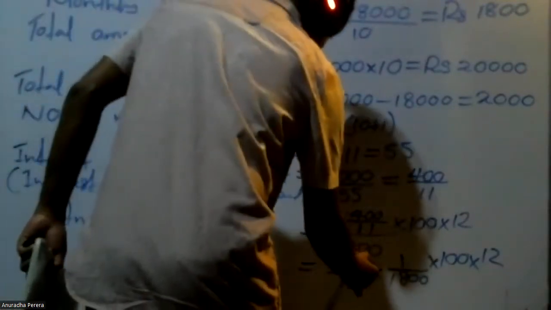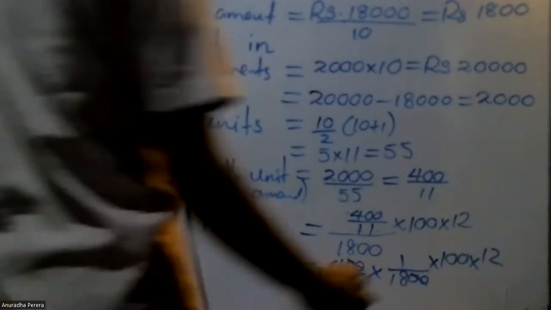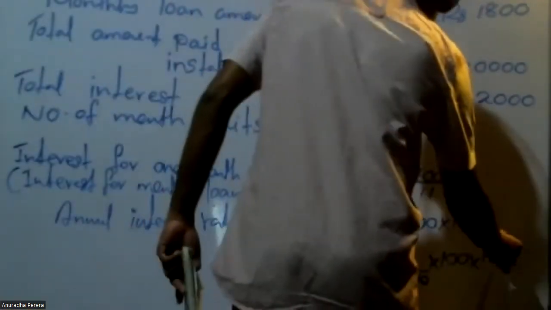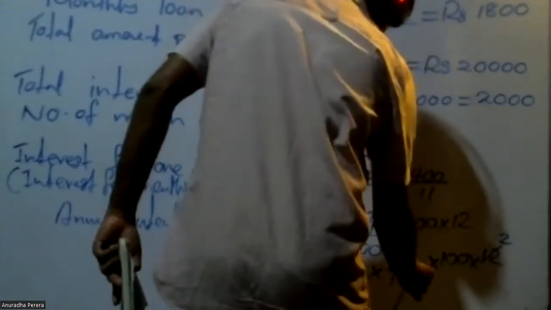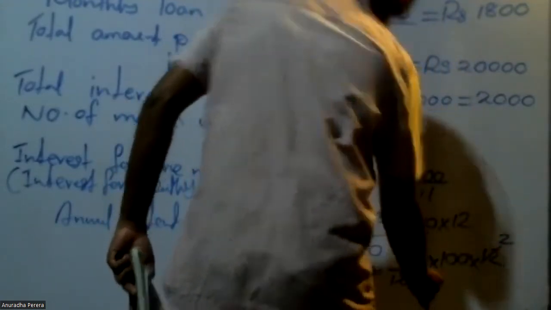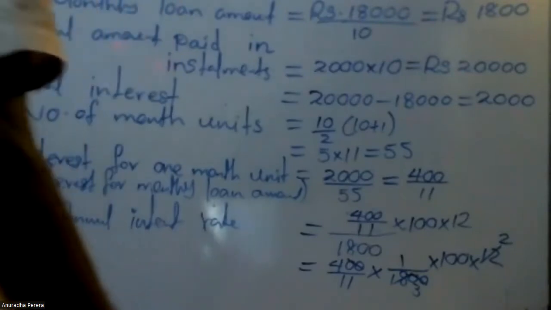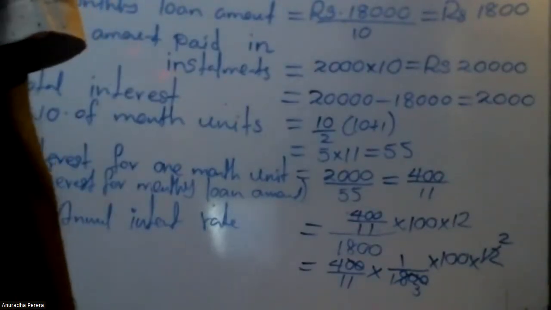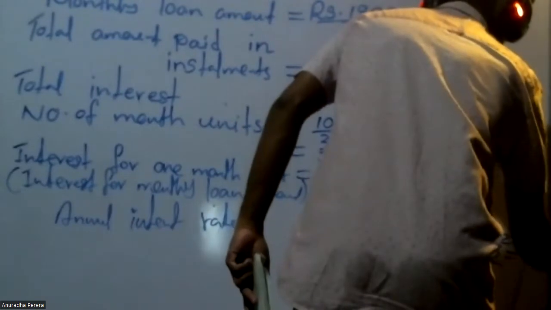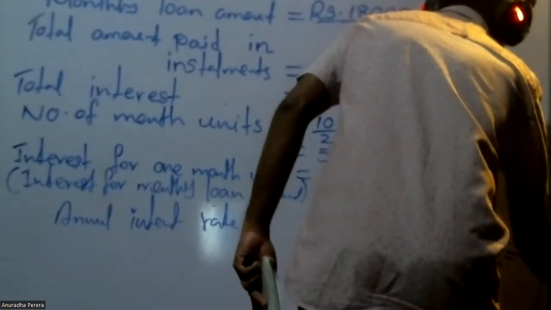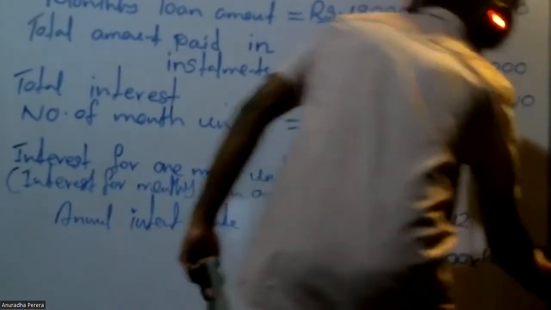Simplify. Divide by 6, 2, 3. Four into 100, 400, 800 over 33 percent.